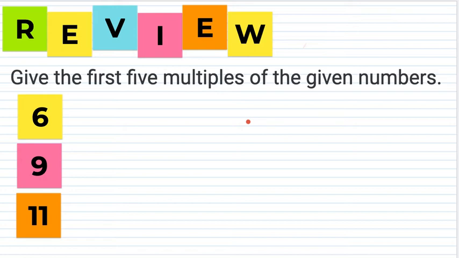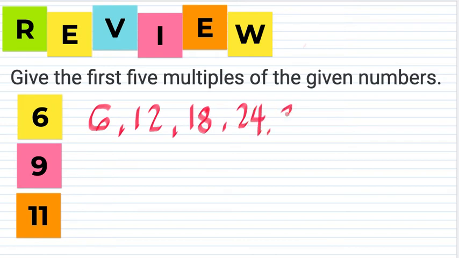So by getting the first 5 multiples of 6, we can do the skip counting, such as 6 times 1 is 6, 6 times 2 is 12, 6 times 3 is 18, 6 times 4 is 24, and 6 times 5 is 30.